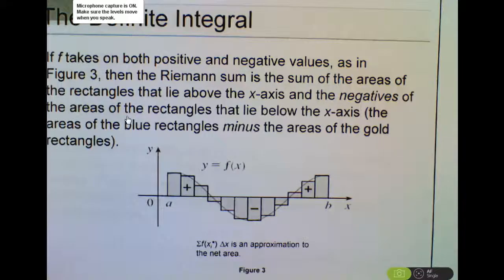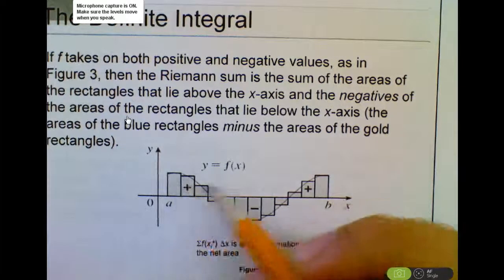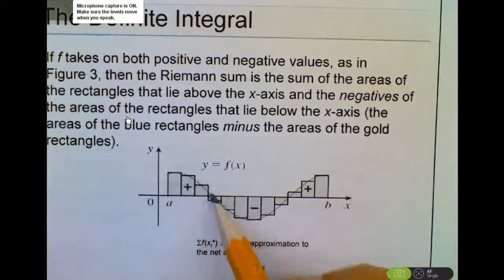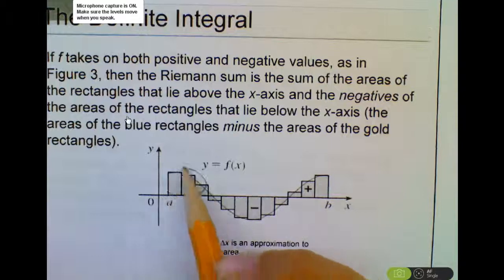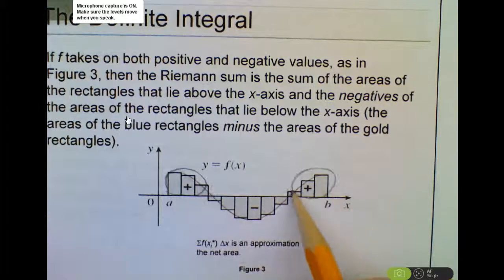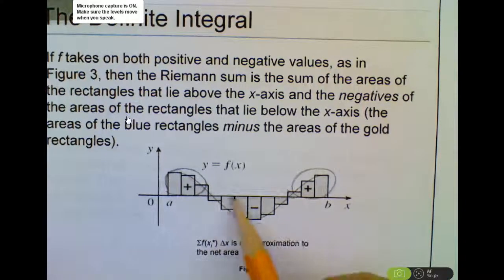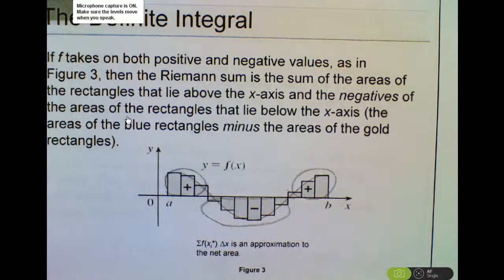So as I mentioned before, if f happens to have positive values and negative values, and then maybe again more positive values, the Riemann sum is going to be the sum of the areas that lay above the x-axis minus the areas of all the rectangles that lay down below the x-axis.